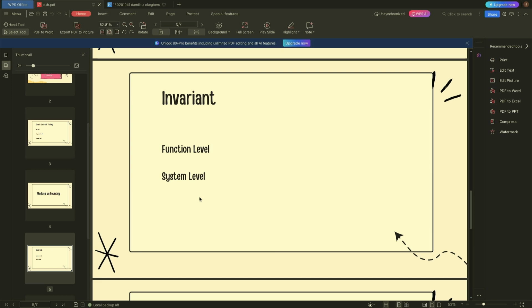System level, on the other hand, has to do with the whole system. So when you are building a protocol, when you are building a smart contract, there are things on a system level which must remain the same. And in the code walkthrough we're going to do, we're going to see some of them. For example, if you have a max deposit, which we're going to see in the code walkthrough, of let's say 1 million in the protocol you are developing, and you say this is the max deposit that this protocol can take.